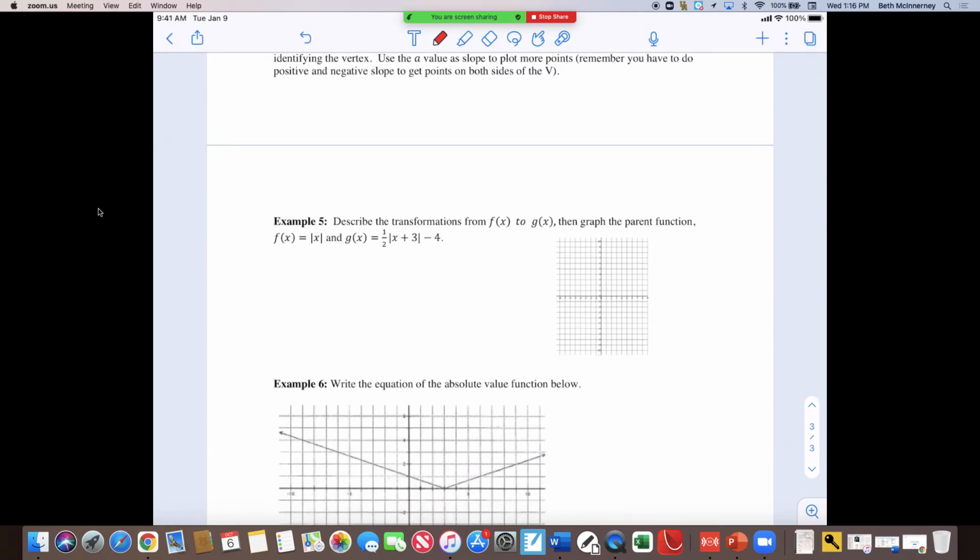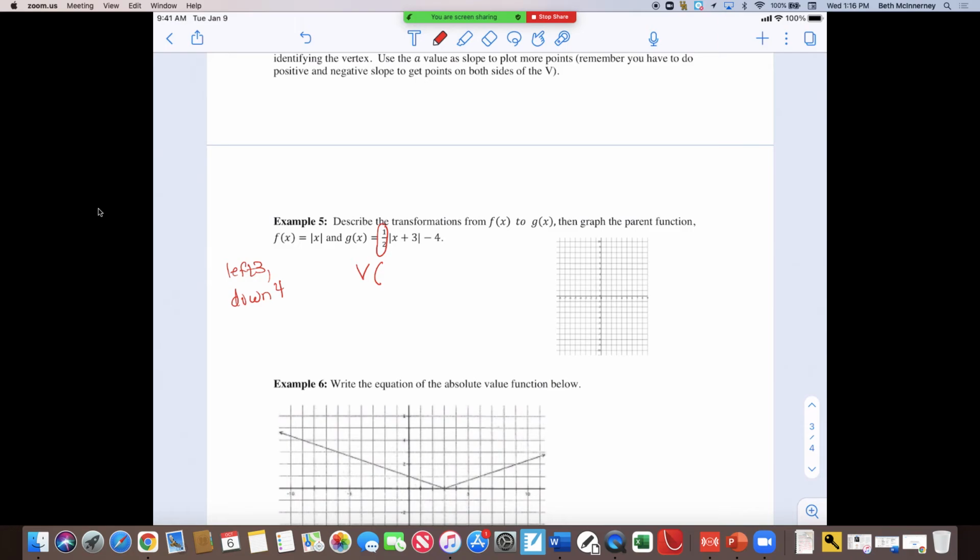So I'm first going to rewrite this. Can you tell what the vertex is? It's been shifted left 3, down 4. Now this 1/2, do you understand that you would have to divide by a half?